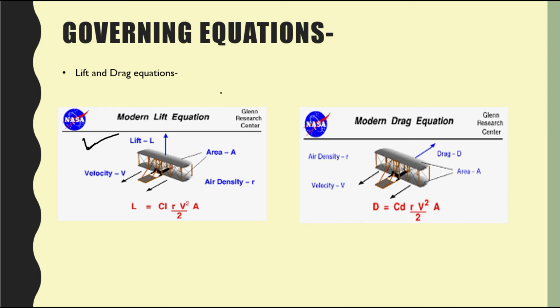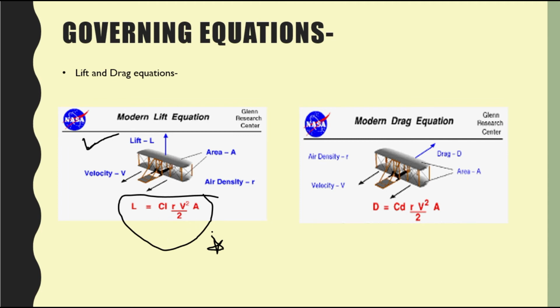So the first and most important equation is the equation of lift. This is the equation of lift of an aircraft. The lift equation suggests that lift is equal to half rho V squared A, where rho is the density of the medium in which it is flying, V is the speed with which it is flying, and A is the area of the wing.